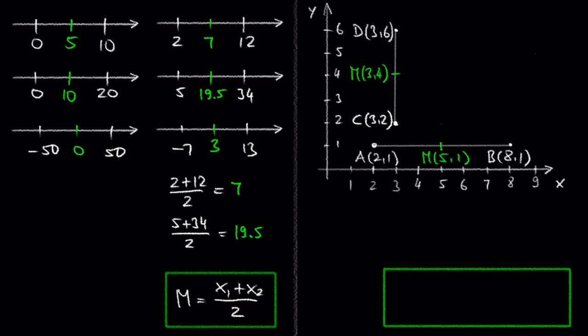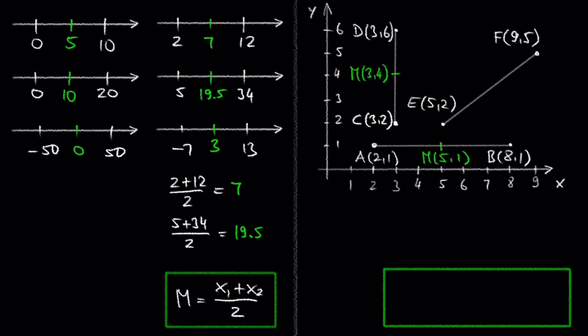Now it's getting interesting. How can we find the midpoint of point E (5, 2) and F (9, 5)? To find the midpoint of these 2 points is also very simple. We just have to find the midpoint of the x-coordinates and the midpoint of the y-coordinates.